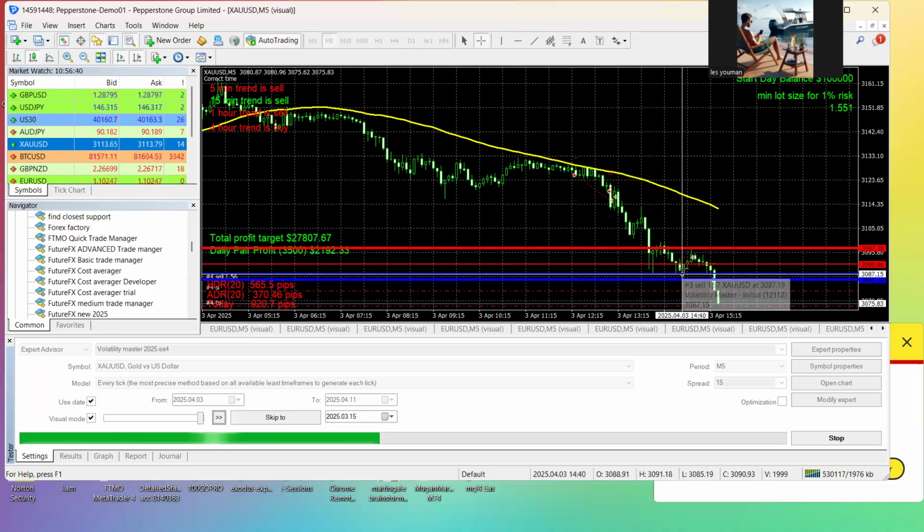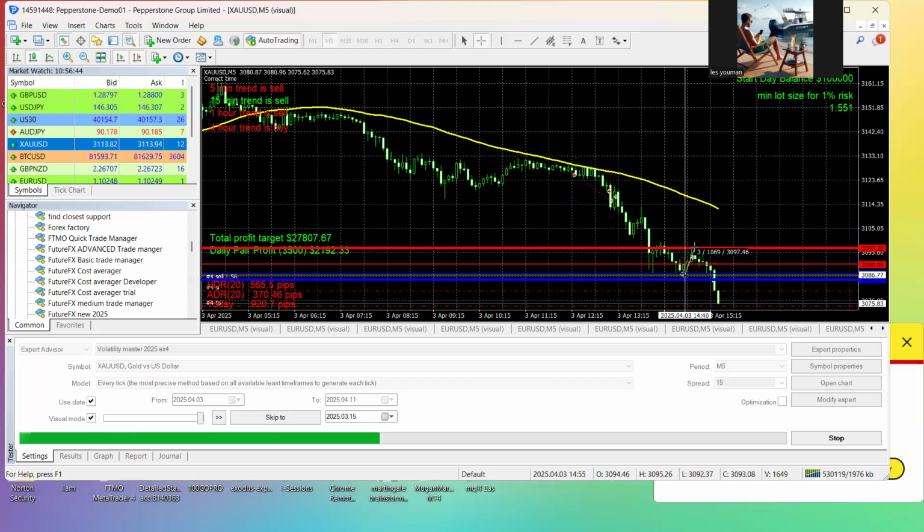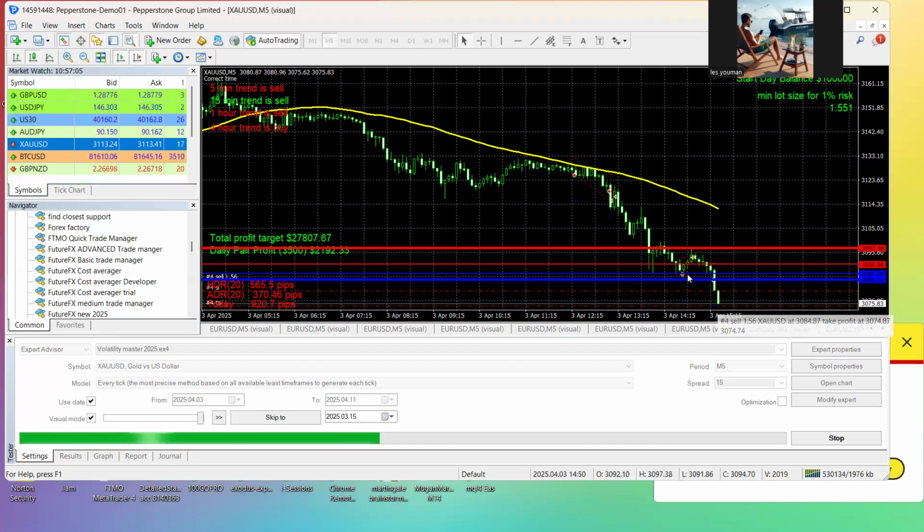But now with this increased volatility, it's not enough, because if we'd had it set, let's say at 1200, then it wouldn't have quite hit it. And that trade wouldn't have been a loss. It would still have been open and taking profit, and it would have probably hit take profit by now.